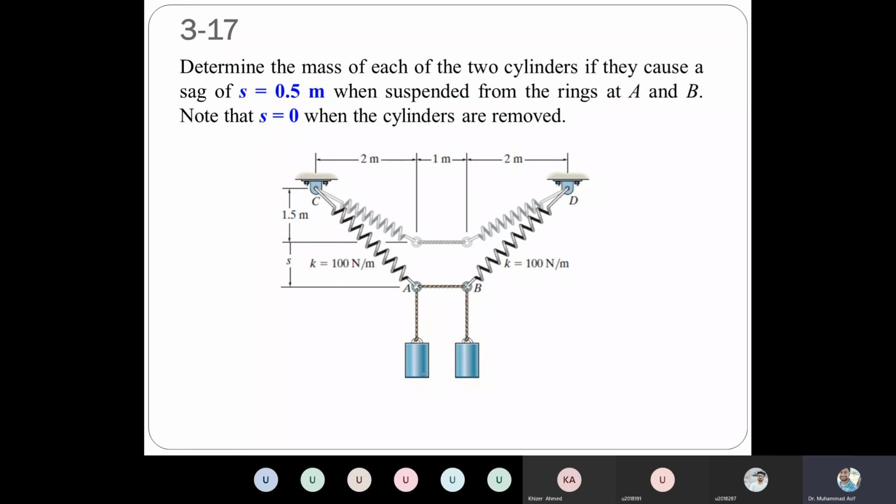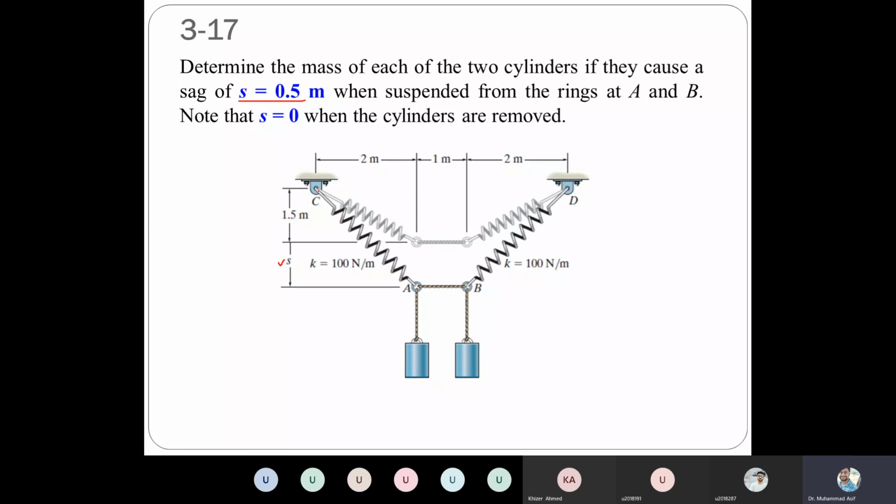You need to calculate the mass of each of the two cylinders if they cause a sag of S equal to 0.5 meter when suspended from the rings at A and B. Note that sag S is equal to 0 when the cylinders are removed.